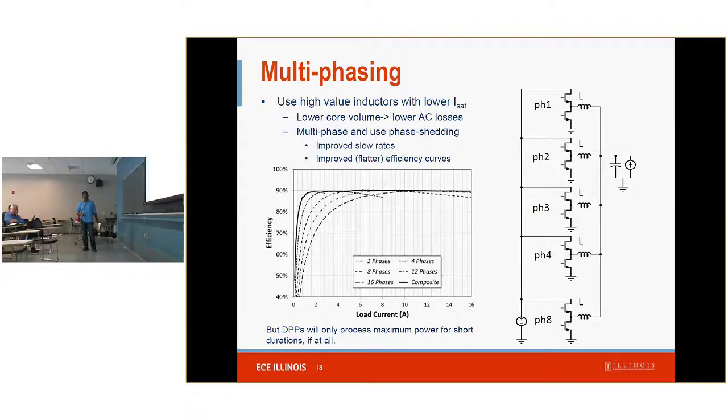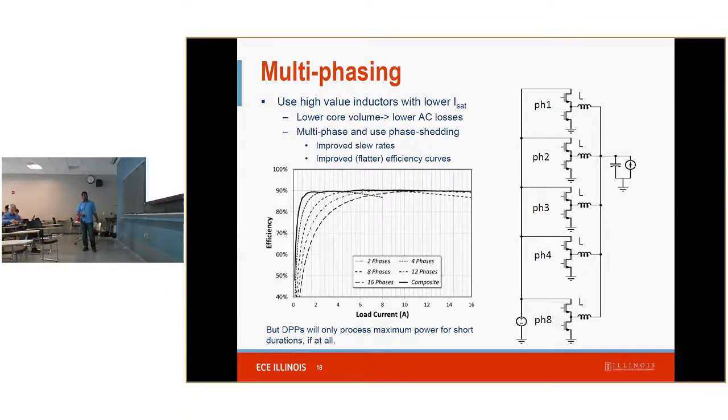Also these switches are going to be designed for much lower current. So for each single phase, I'm going to have many times lower switching losses. So I get very good efficiency values at low output currents.